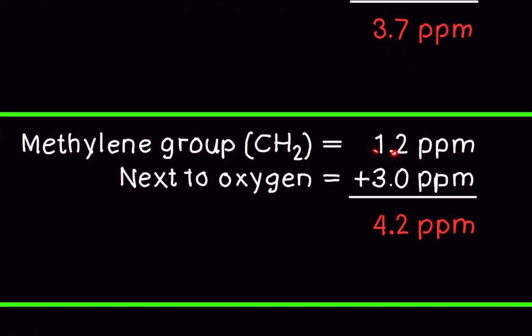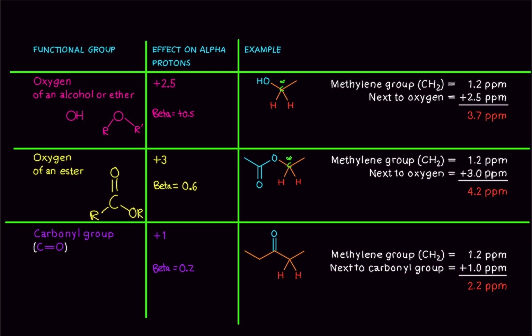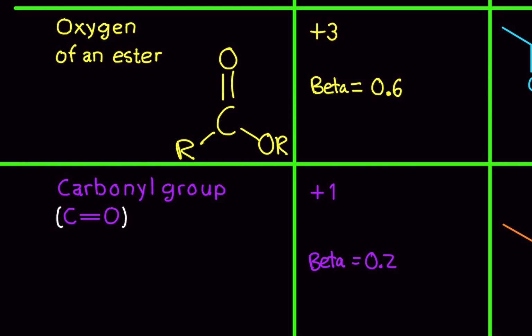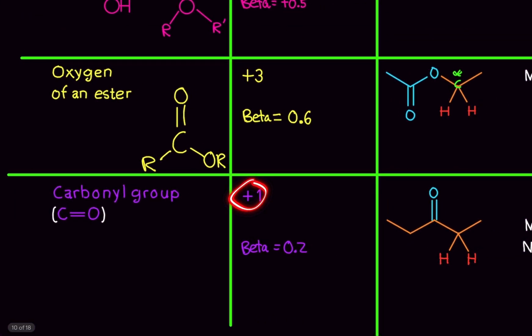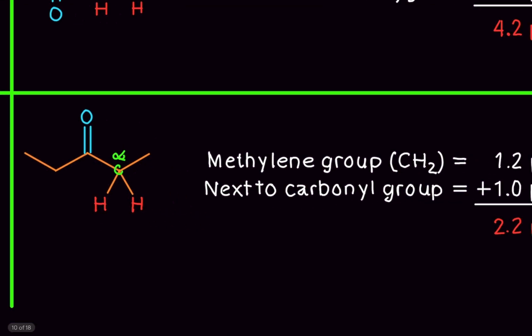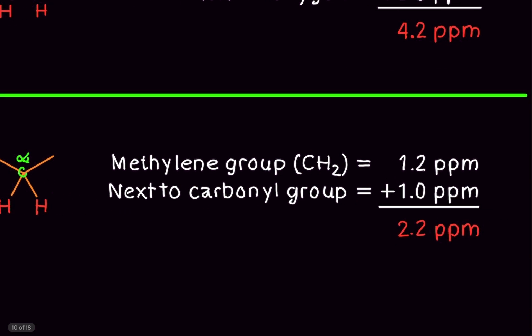So 1.2 plus 3 equals 4.2. We would see signals at 4.2 on the graph. Well, carbonyls. This is just a carbon double bonded to an oxygen. It's like this, but this has an extra oxygen, so all we have to do is add 1. So this is the alpha carbon. We have a methylene group, so we have 1.2 plus 1 is 2.2.